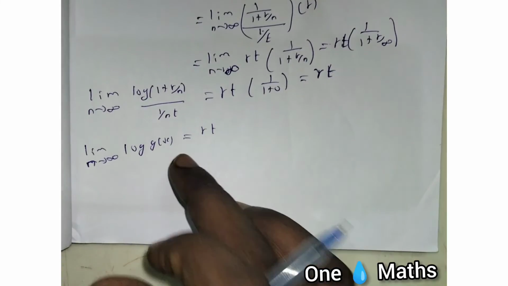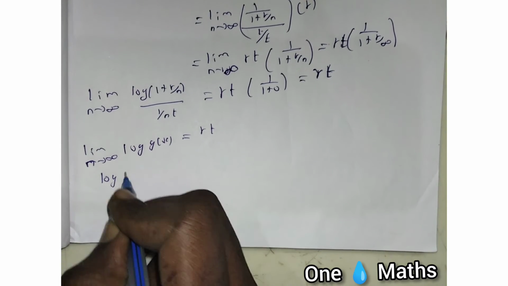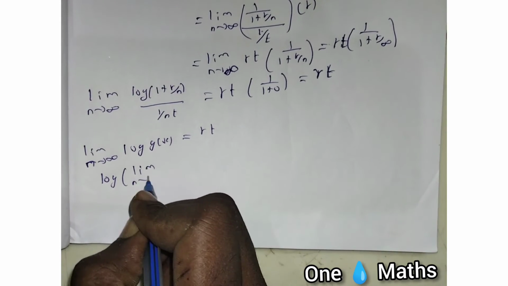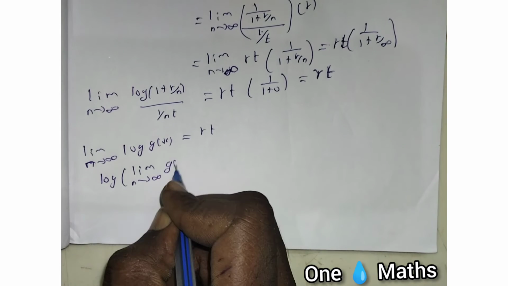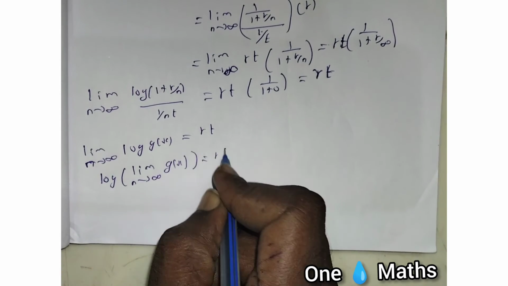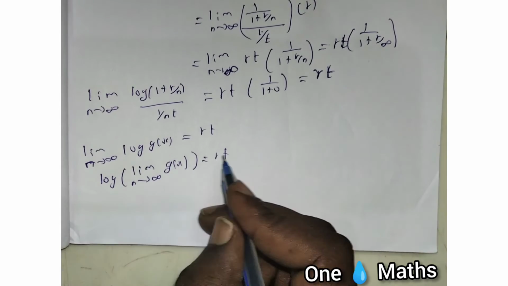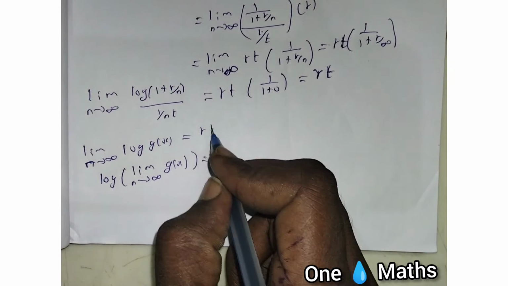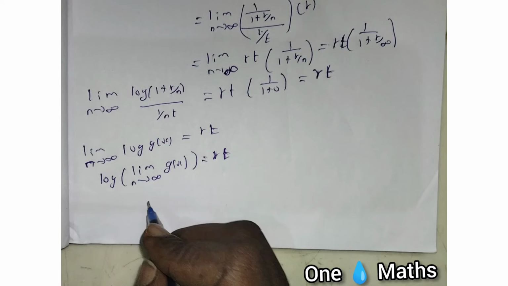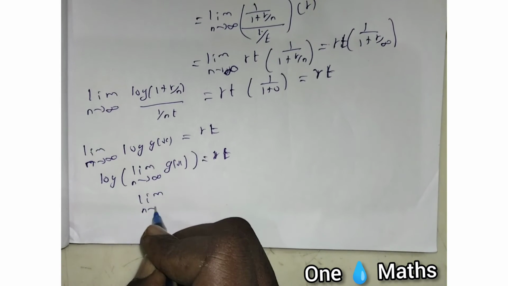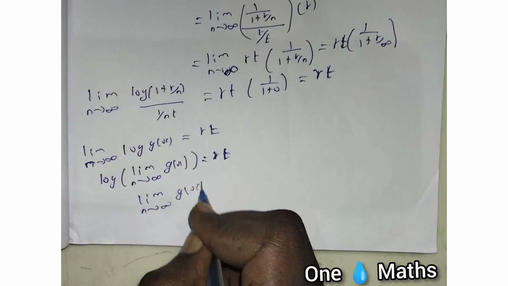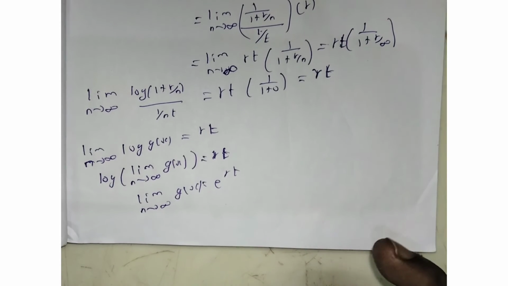Here what do we want to take? Take the log outside. So log of the limit n tends to infinity g of x equals rd. Now we can remove the log on this side, and then the entire term becomes e power. It becomes e power rd. So the limit n tends to infinity g of x equals e power rd.